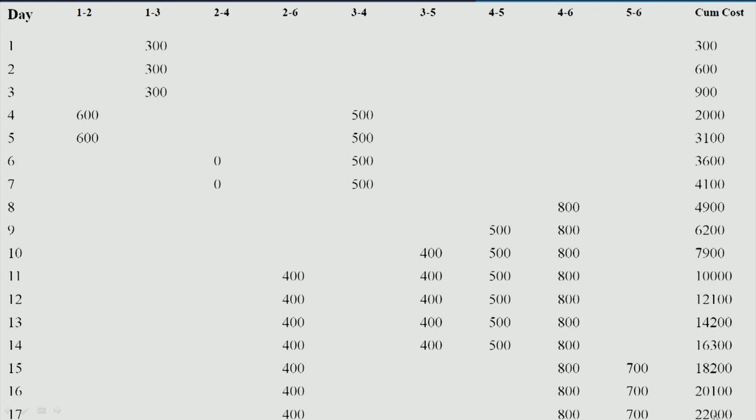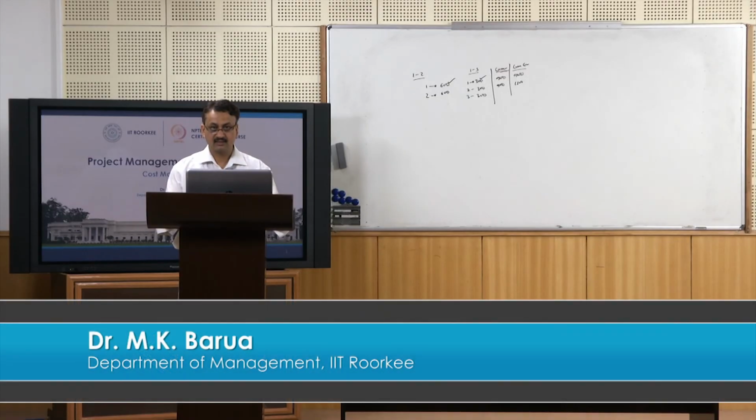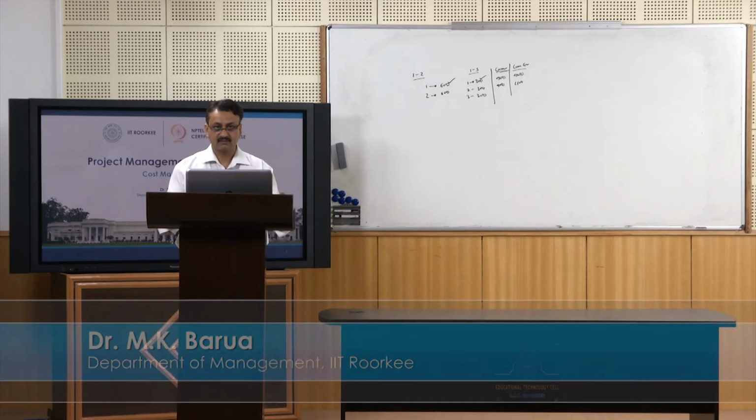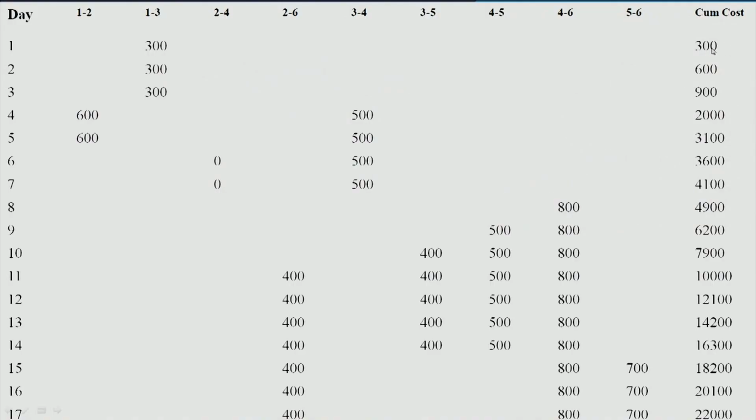At the end of the day, the total cumulative cost remains the same, but what you can save is at least on interest, because on the first day the total outflow was 300 in this case, while in the earlier case it was 900.